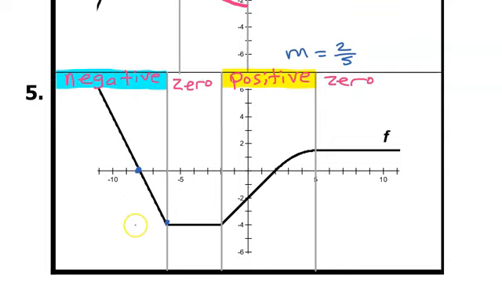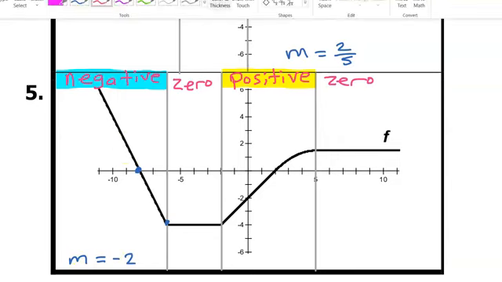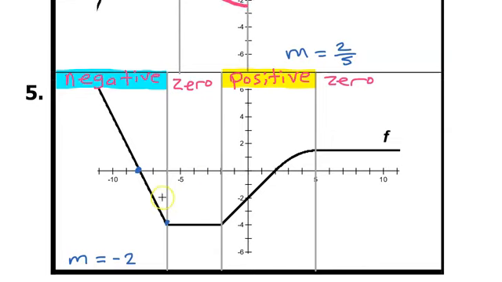This is down 4 over 2. So that means in this interval, we're talking about a slope of -2. So f prime is a constant value of -2 in this interval. So we should draw it as a horizontal line at a height of -2.